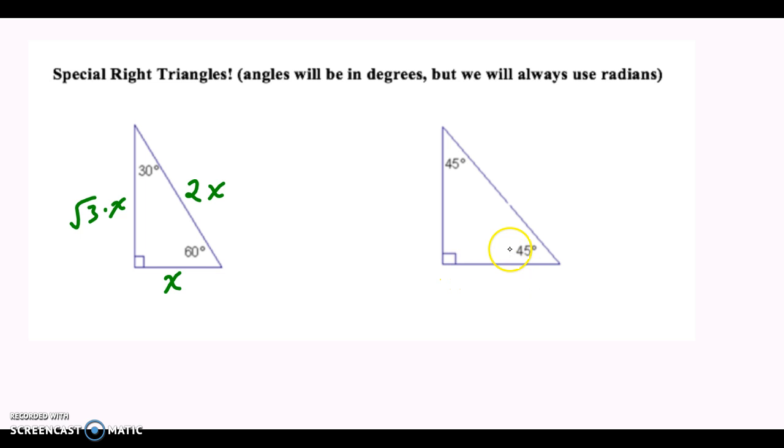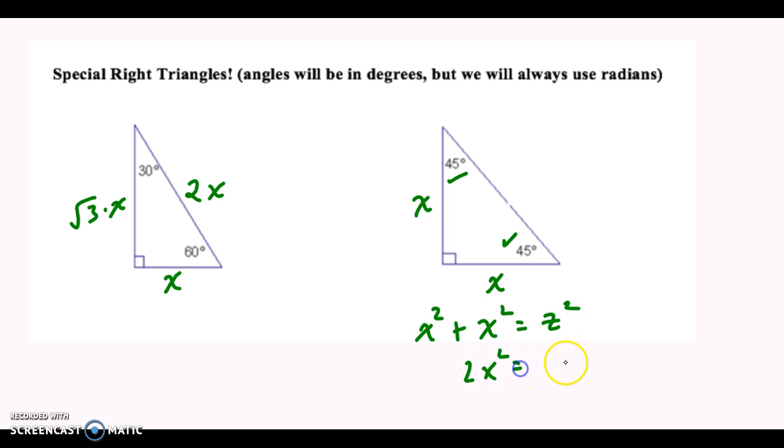For the 45, 45, 90. If I start with x, and I know it's an isosceles triangle, so I know that my height is x. I know this is an isosceles triangle because I have 2 angles congruent. Then I could just use Pythagorean theorem here to solve for the hypotenuse.